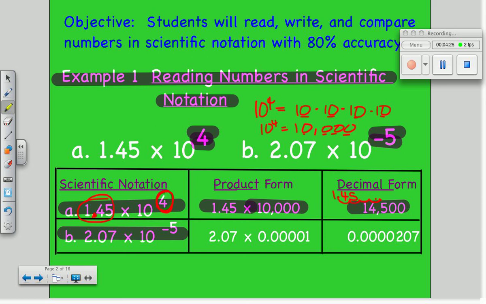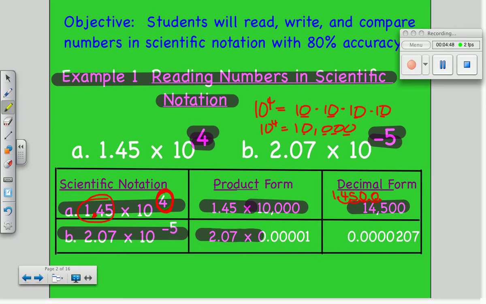Here where I have these blanks, I have to put zeros. So now that's my answer, 14,500. Okay? So when you have a positive exponent, you move the decimal to the right. We're increasing. When you have a negative exponent, we're decreasing, and we move the decimal to the left.